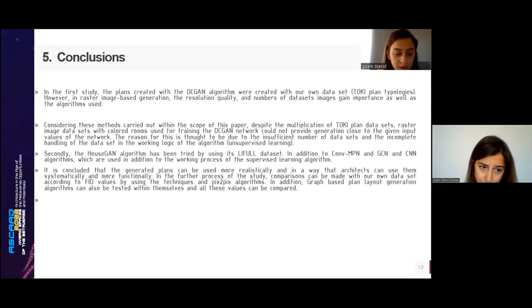After all this, trying to understand how it could happen and how we could compare all these methodologies, it is concluded that the generation of plans can be used more realistically, and in a way that architects can use them systematically and more functionally.